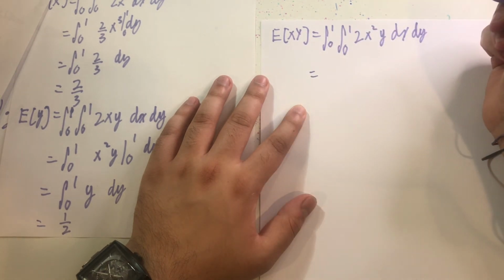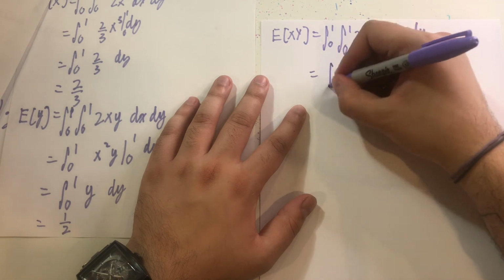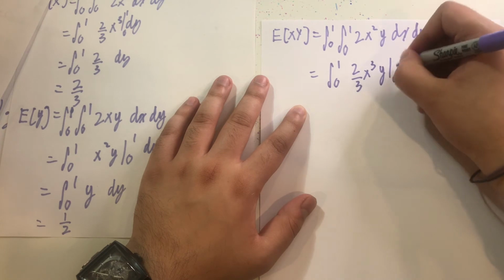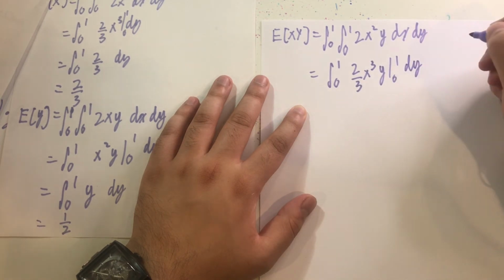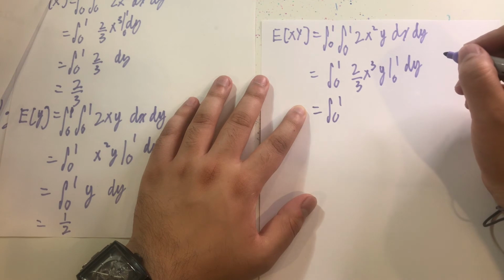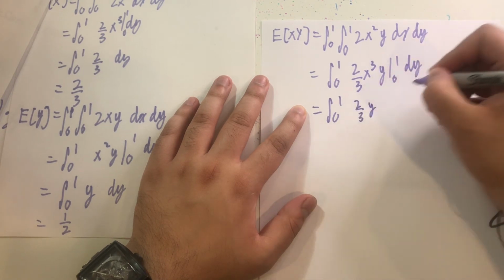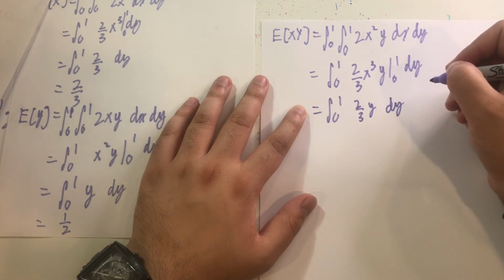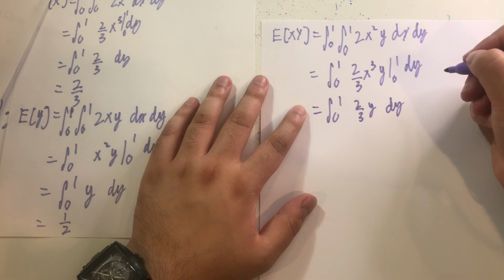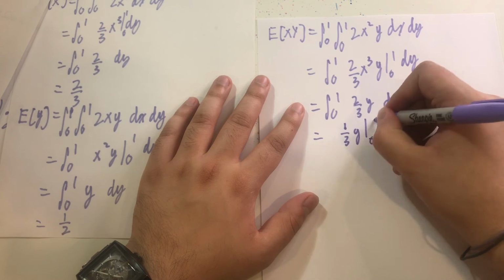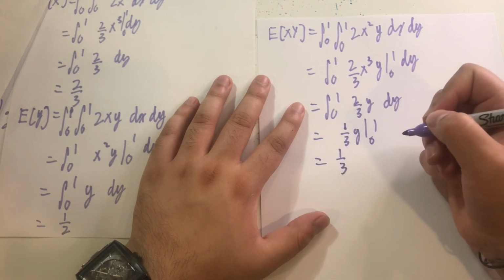And this is going to equal the integral from 0 to 1 of 2 over 3 x to the third y, from 0 to 1, dy, and then evaluating 0 to 1, that's just 2 over 3 y, dy, and that gets me 1 over 3 y from 0 to 1, which is just 1 over 3.